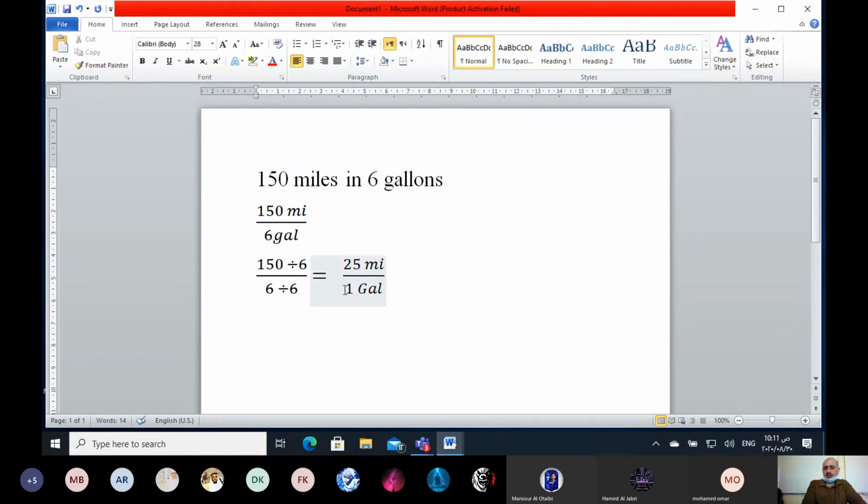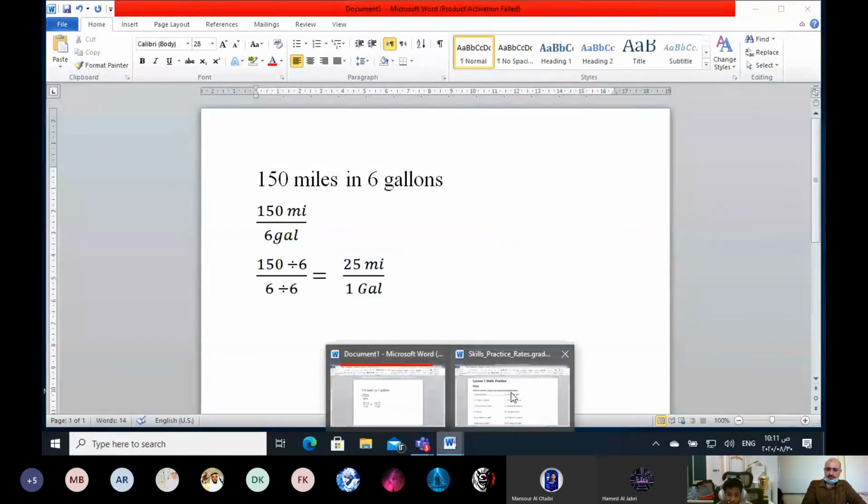When you see 1 in the denominator, we have a unit rate. Here is the rate and here is the unit rate. This is the difference. So here we have 25 miles per 1 gallon.